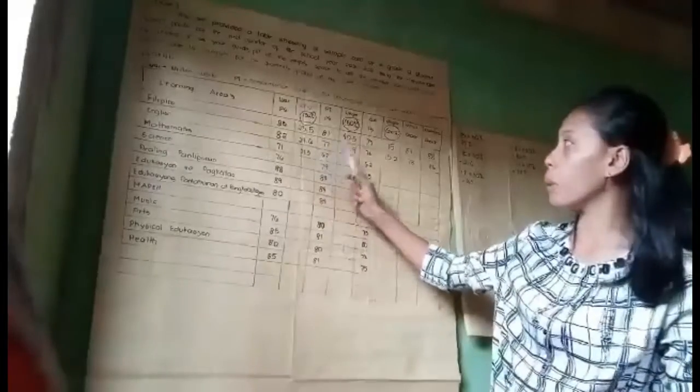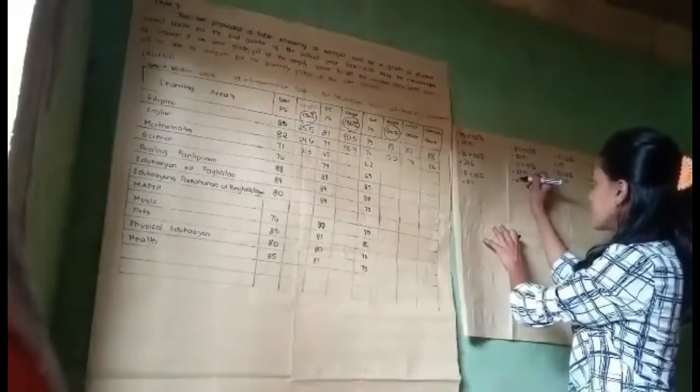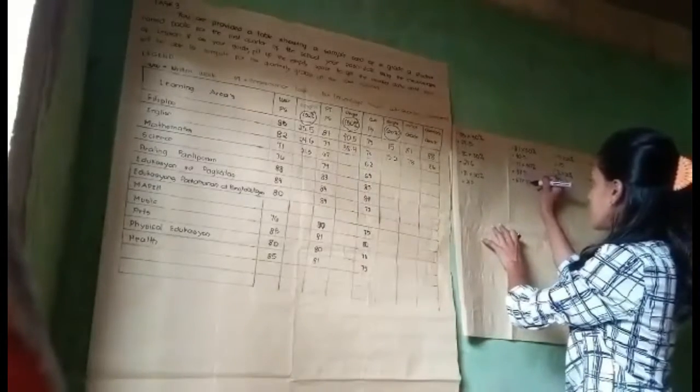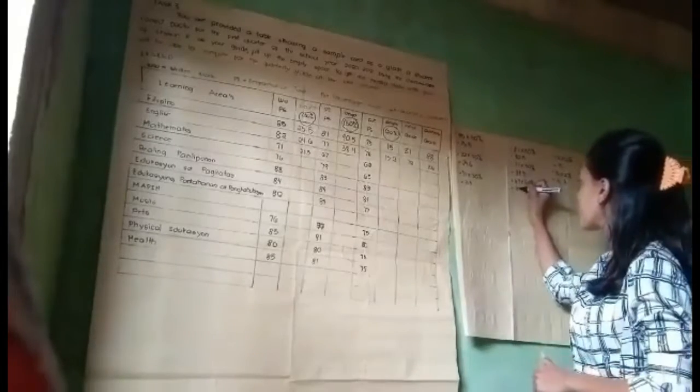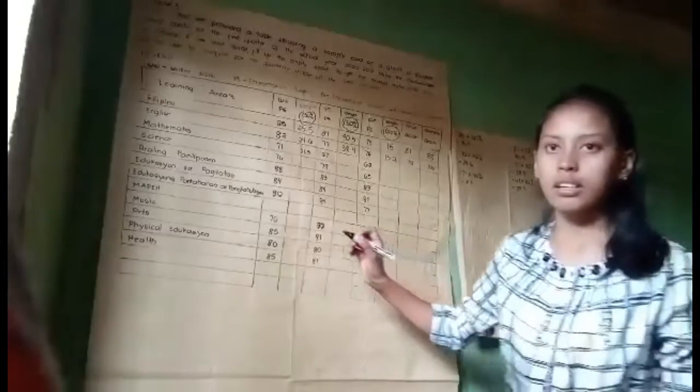For the performance task, 67 times 50% is equal to 33.5. So, our weight of the performance task in mathematics is 33.5.